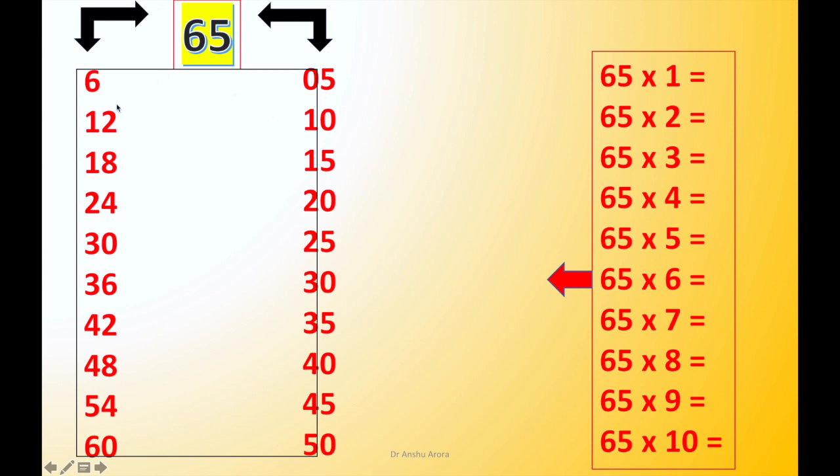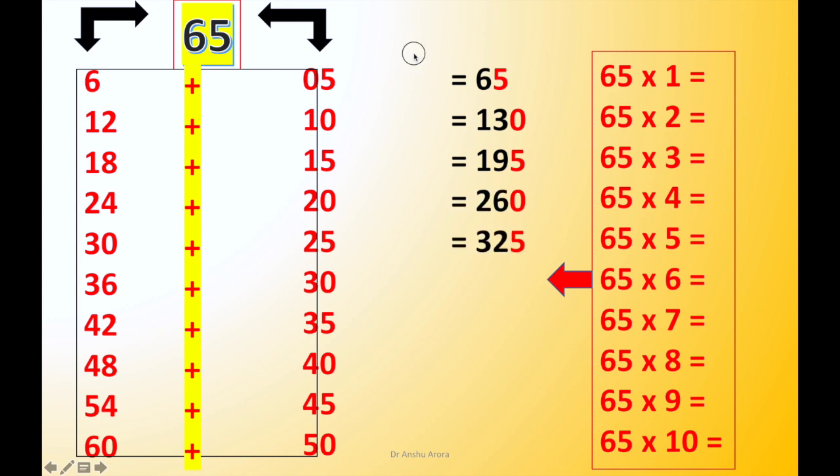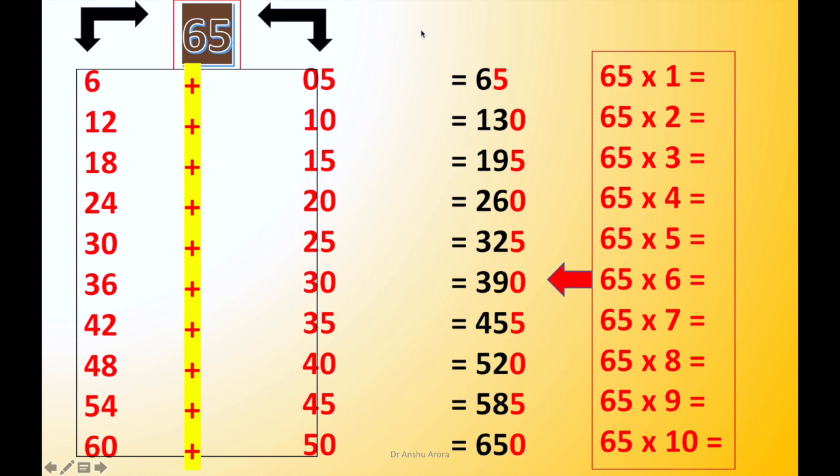And for the first one or two digits, we just add these numbers. Not very tough. Obviously, addition is much easier than multiplication. So just by simple addition, we can get the table of 65.